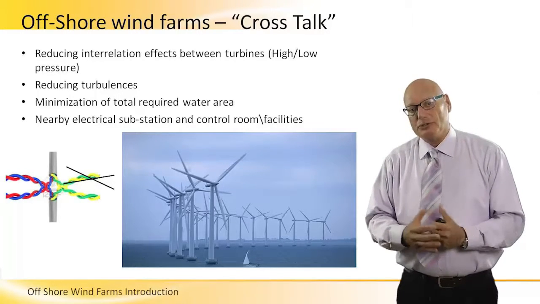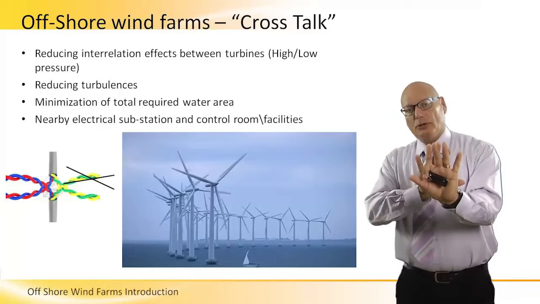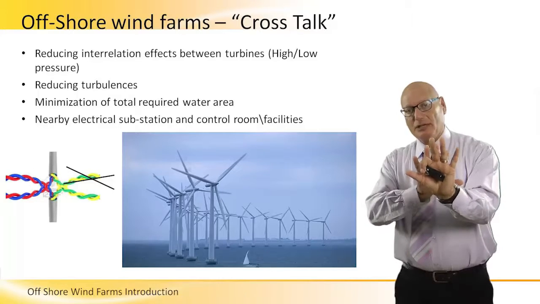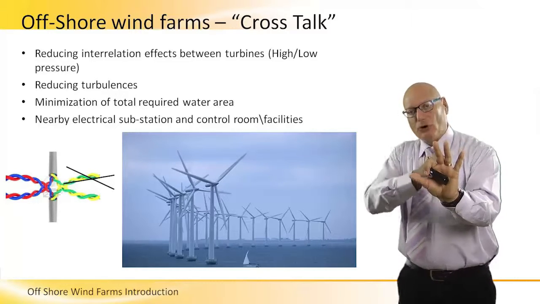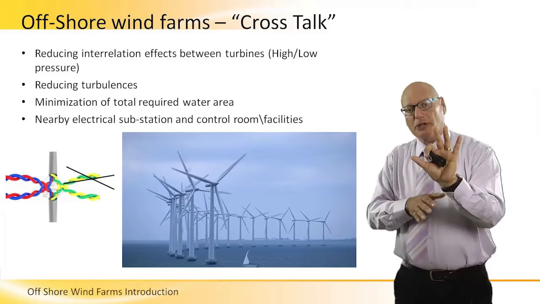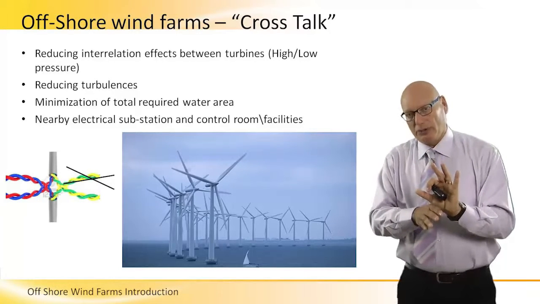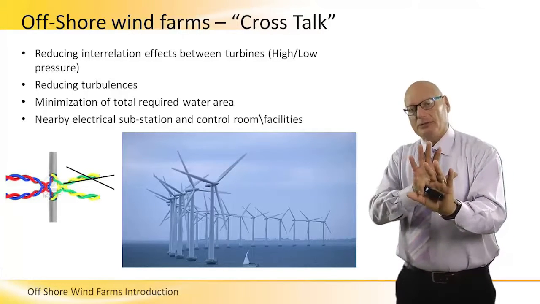Also, it reduces turbulences. When two turbines are standing looking towards the wind and they are one in front of the other exactly and have a common line, the front one will create turbulences, which we call wake turbulences, that will affect the back turbine.